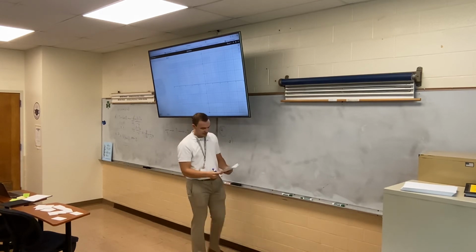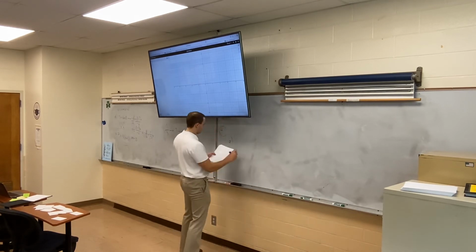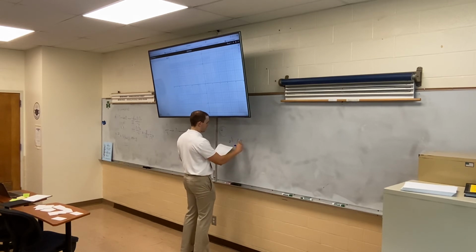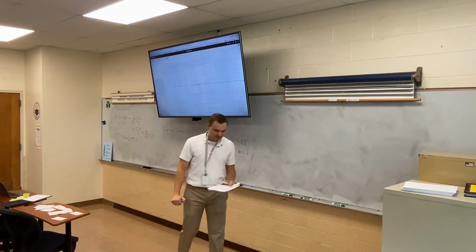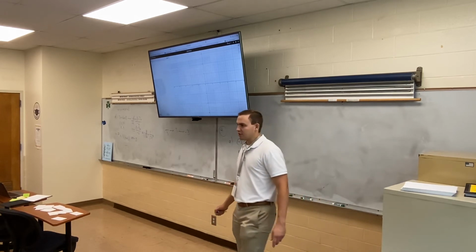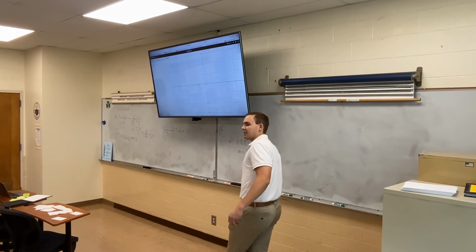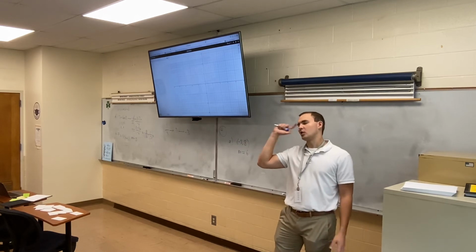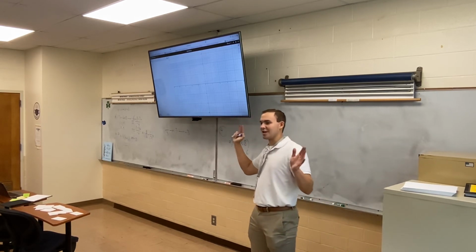Write the slope-intercept form of the line through (-5, 8), with slope m equals 6. Okay, what's the easiest way for me to do this? What is special about slope-intercept form as opposed to all the other forms of line equations?